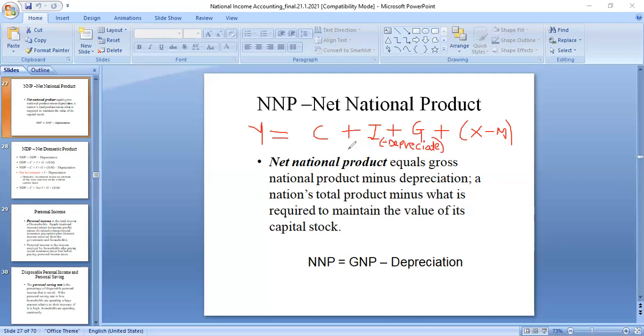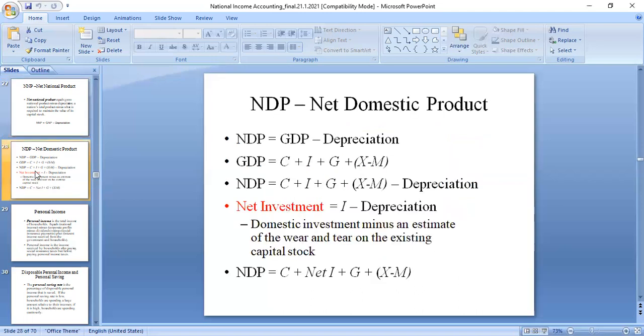So that's how we get the net national product to be the gross national product value minus the depreciation, but the depreciation will be subtracted from the investment, for example, investment in machinery, because the machinery does depreciate, what we call wear and tear on the existing capital stock.